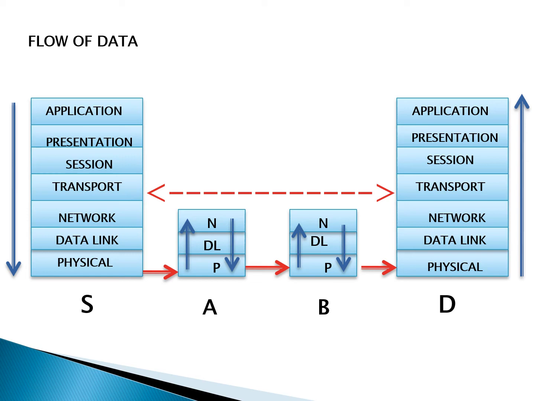Flow of data. This diagram shows how the data is flowing over the network when a sender sends the data to a destination. In this diagram, S is the source node, D is the destination node, and A and B are the intermediate nodes. Data starts from application layer and flows through 7 layers as you can see in the diagram.